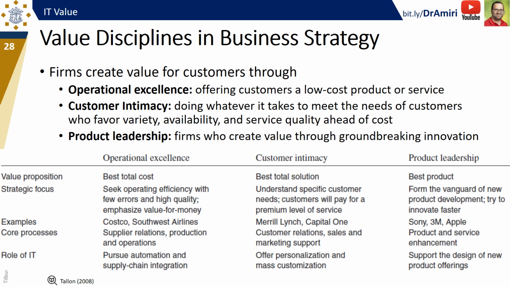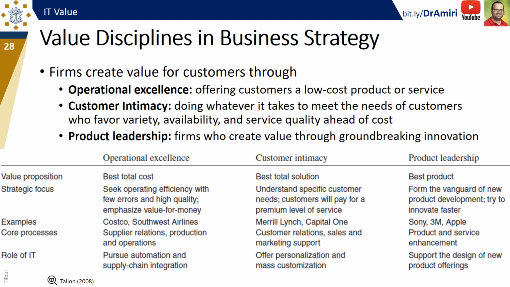On the other hand, if customer intimacy is followed, then the focus is on understanding the customer's needs and trying to motivate customers to pay a premium level service price.